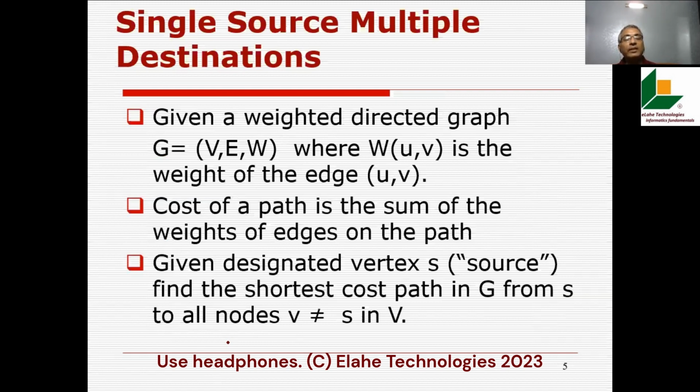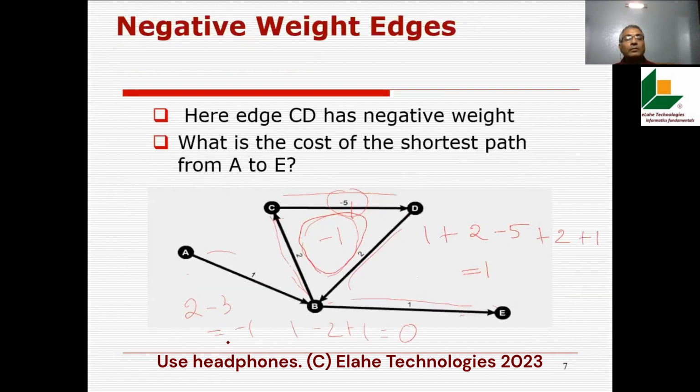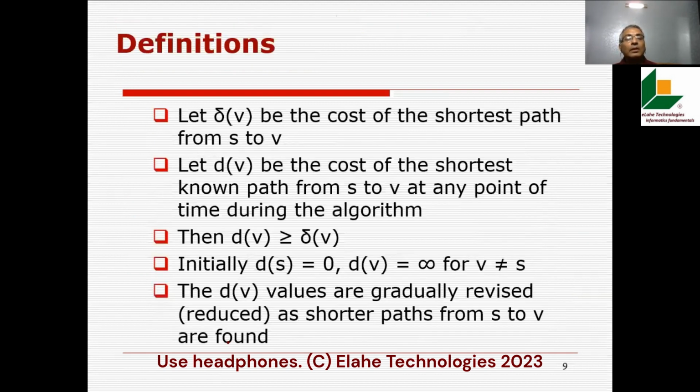We have a weighted directed graph, and we want to find the cost of the path from a designated source node to all other nodes in the graph.